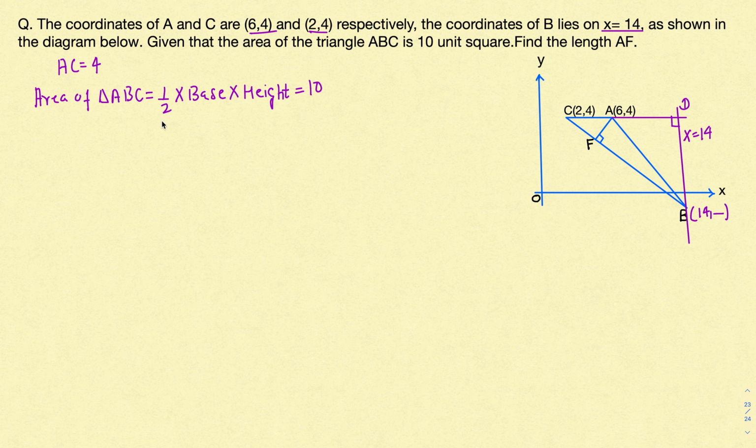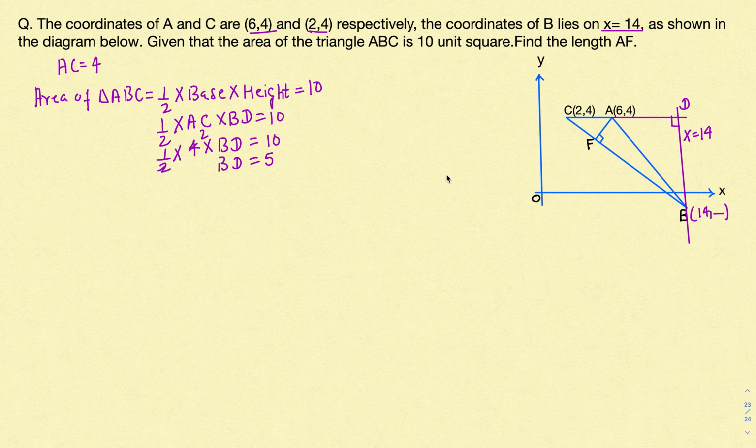Here we are taking the base as AC, and the height is BD. We know that AC is 4, and BD we need to find. So from here we get that BD is equal to 10 by 2, that will give us 5.